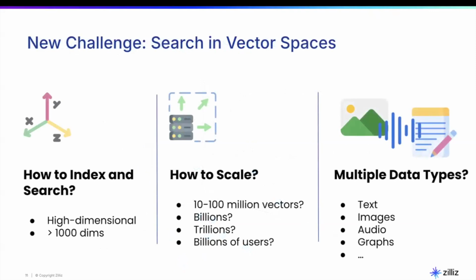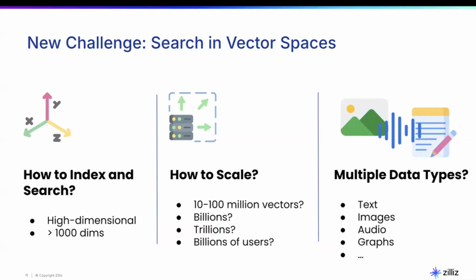We produce all these embeddings via the magic of deep learning, but there's a new challenge now, which is search in this massive space of embeddings. How are we going to index potentially hundreds of billions or even trillions of embeddings? How are we going to scale this?